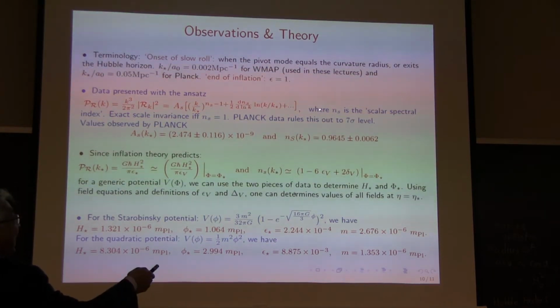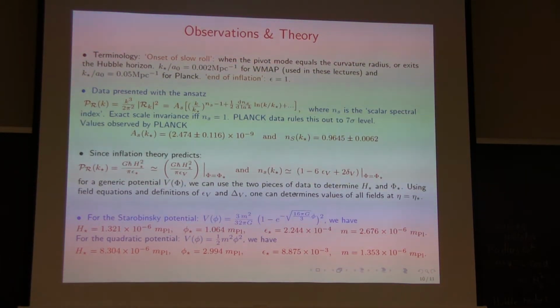This is just a convenient ansatz to give us some parameters so that we can fit the data. First is the amplitude, the 0th order amplitude, if you like. The amplitude then is A_S. And then we have factors which involve the wave number k over k star to the power n_S minus 1, and then corrections.